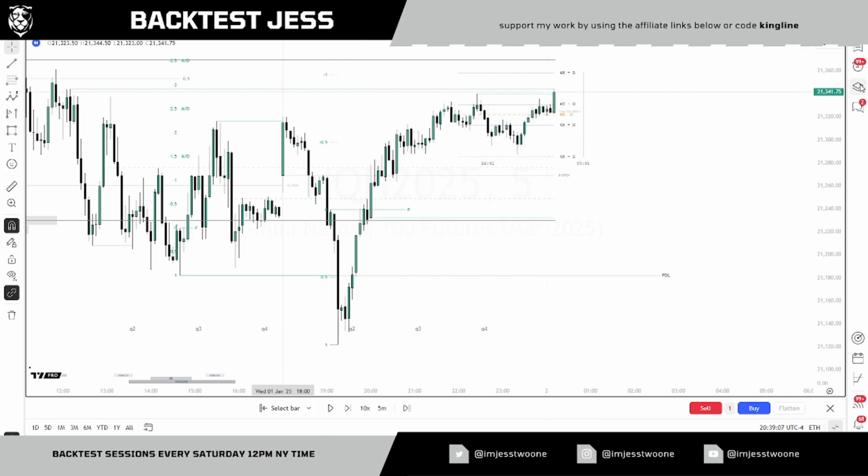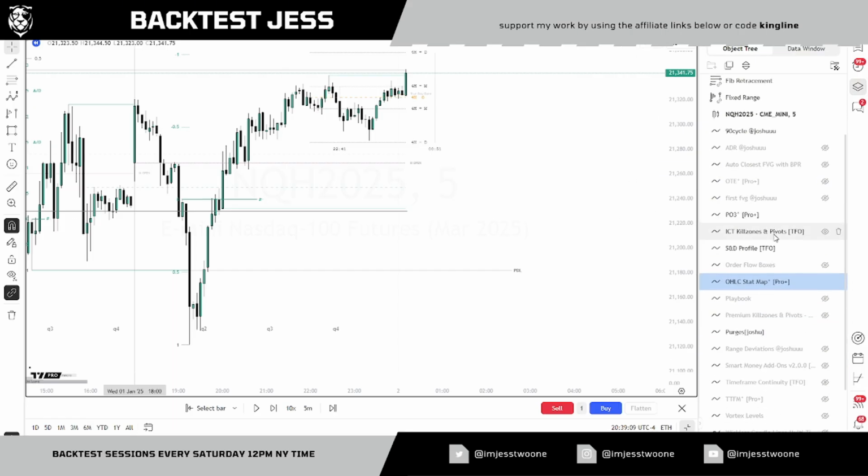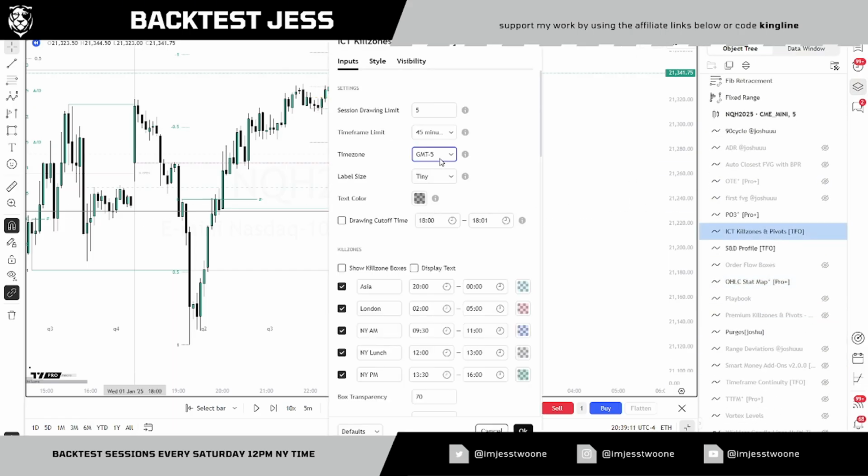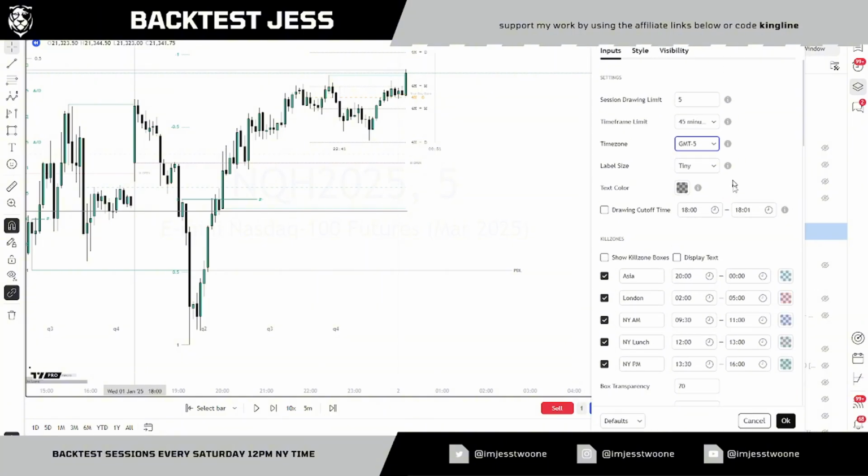Oh, wrong indicator. GMT 5. Midnight is at 23. Okay, sorry, midnight is at midnight. Okay, great.